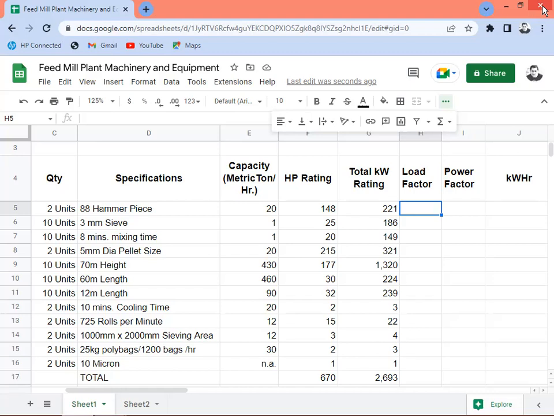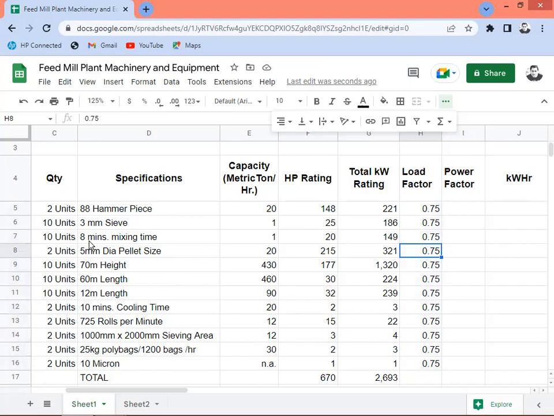Load factor would depend on the operation. So I'm going to assume 75% load factor. I'm going to make it the same for all, but it could be different.